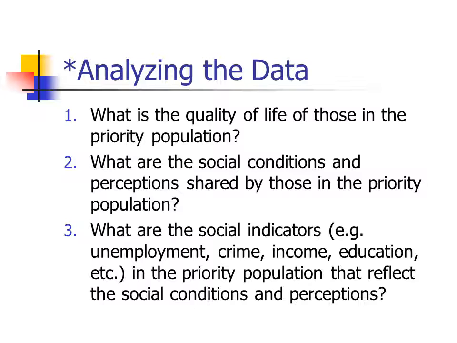Those factors affect health, so we want to look at those conditions. Then we want to look at the social conditions and perceptions that are in common with the people in the priority population. So, again, the social indicators like unemployment, crime, income, education, and so on. Those are important things to look at.